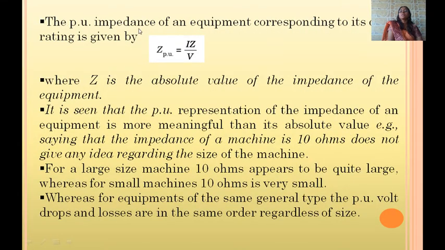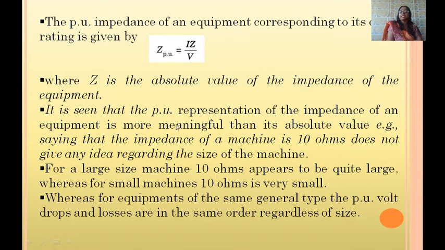Per unit impedance of an equipment corresponding to its own rating is given by Z per unit equals I into Z by V, where Z is the absolute value of impedance of the equipment. This Z is the absolute value, given in terms of ohms.